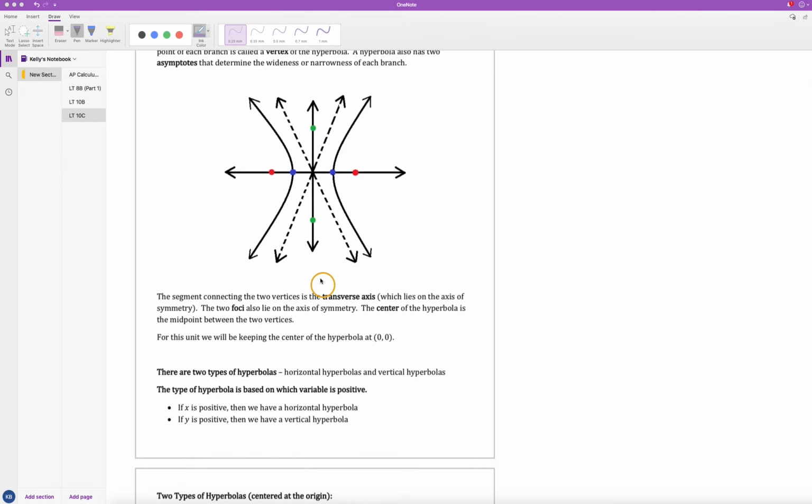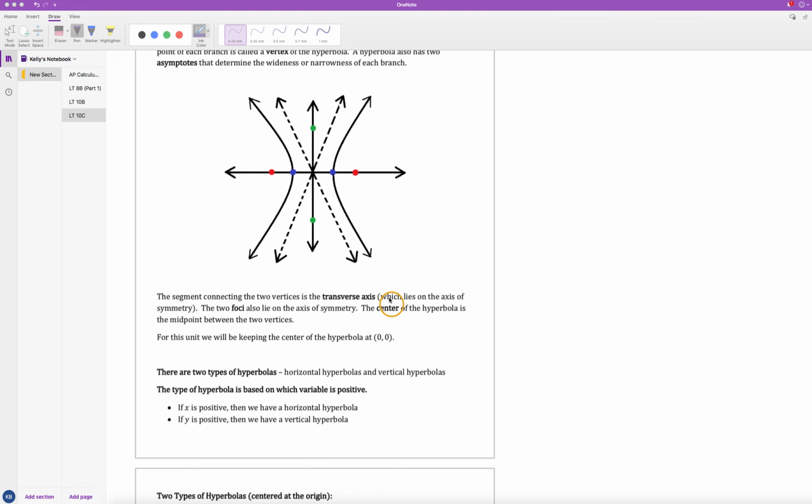Just like with the ellipse, there are two types of hyperbolas. There's the horizontal hyperbola, which is similar to the picture we have shown. We also have a vertical hyperbola, where one piece opens up and one piece opens down. The type of hyperbola is based on which variable is positive in the equation. Unlike an ellipse, we're not going to have an x squared term plus a y squared term.